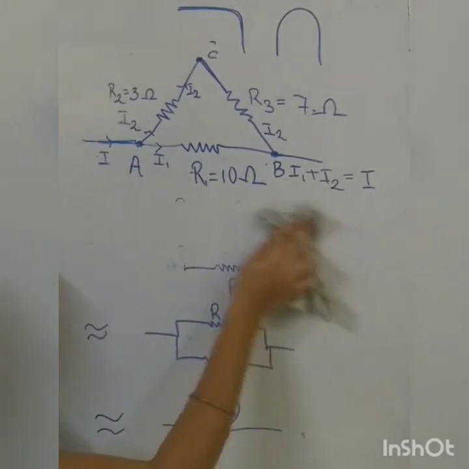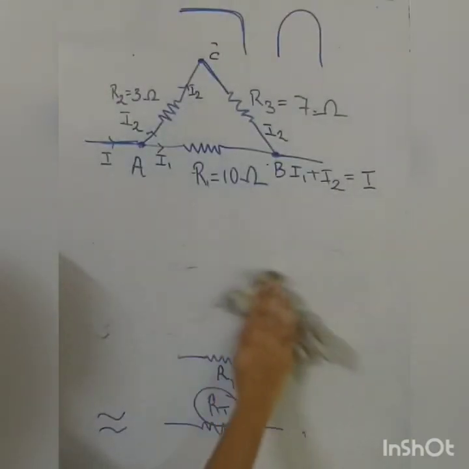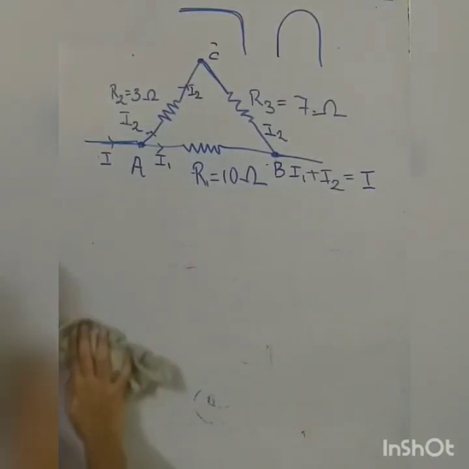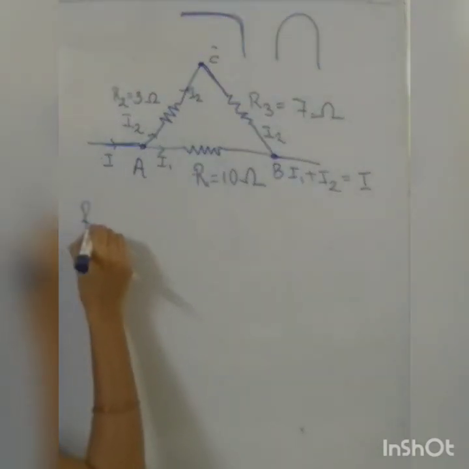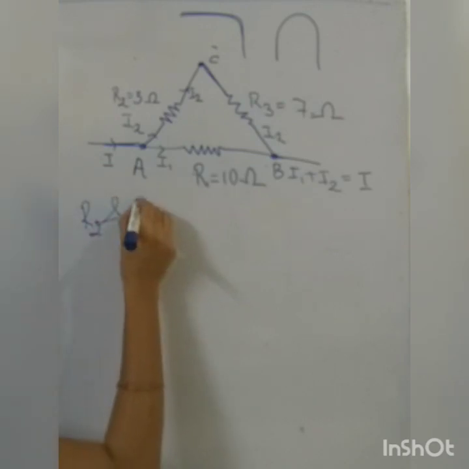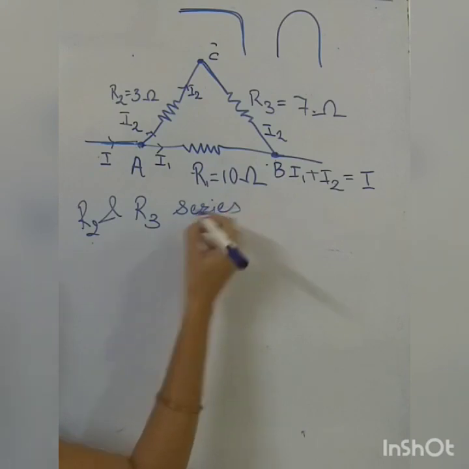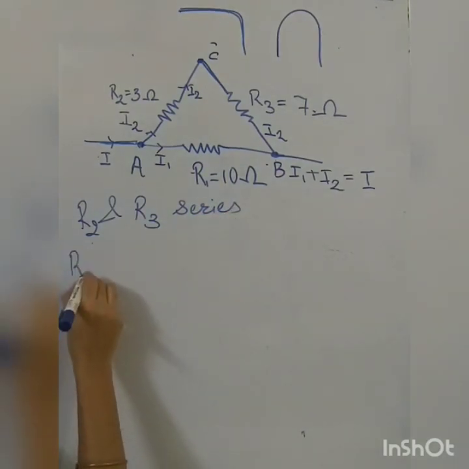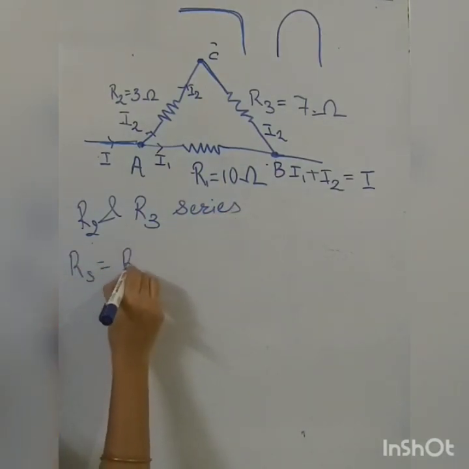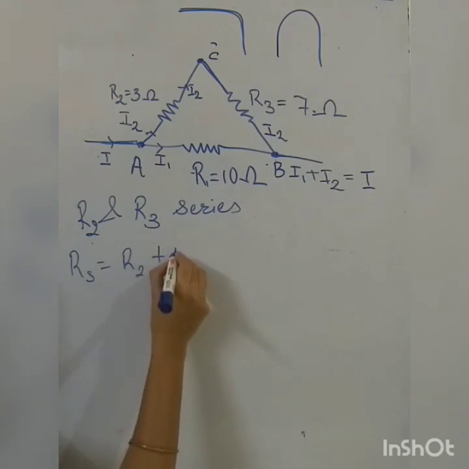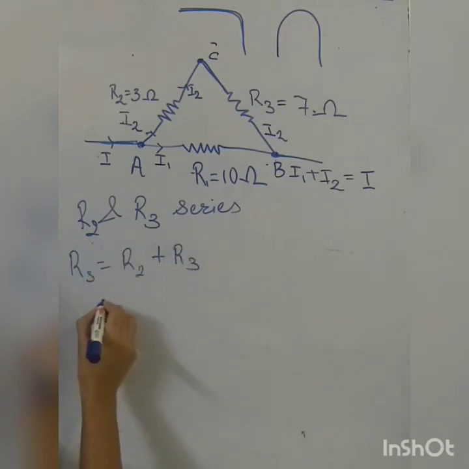So in step 1, what are you supposed to do? You are supposed to find out the value of R2 and R3. R2 and R3 are in series with each other. So for series, RS equals R2 plus R3.